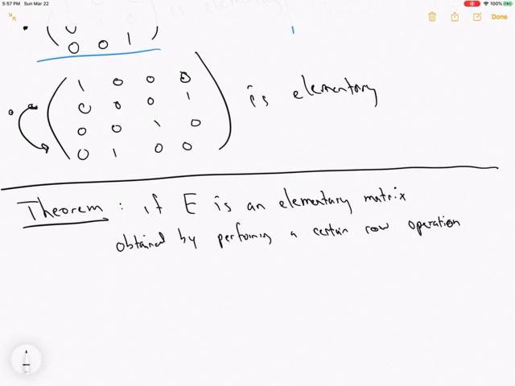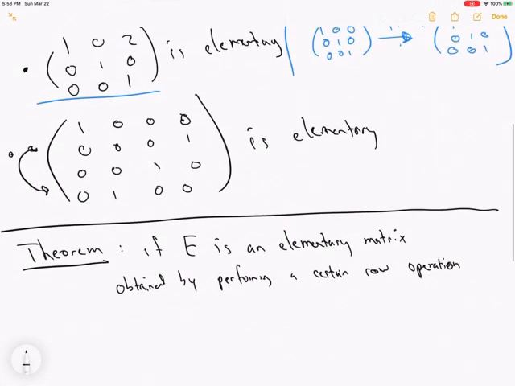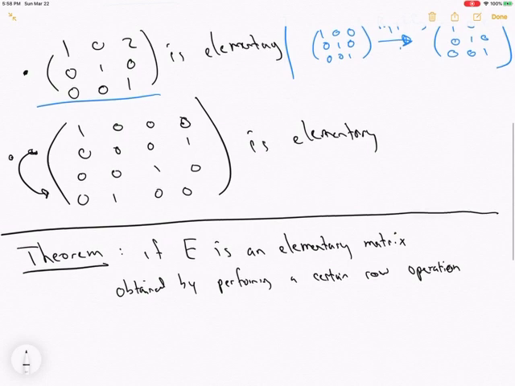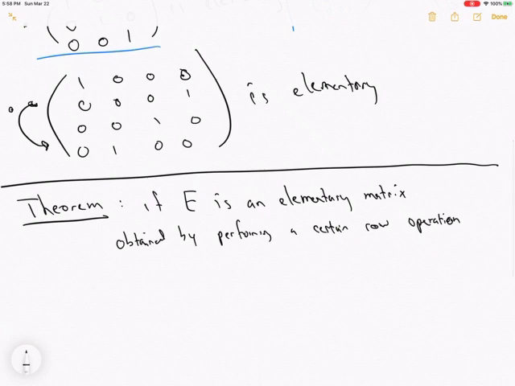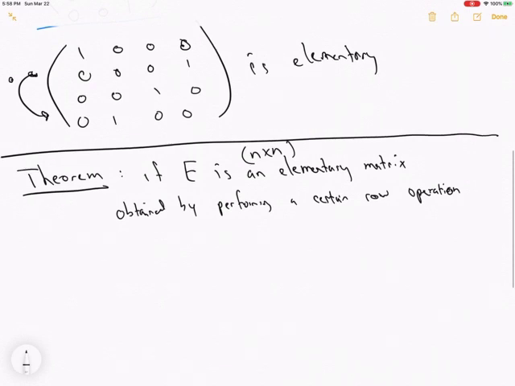Notice that since elementary matrices are obtained by performing elementary operations on the identity, elementary matrices have to be square, because the identity matrix is square. So let's say E is an n by n elementary matrix obtained by performing a single row operation.